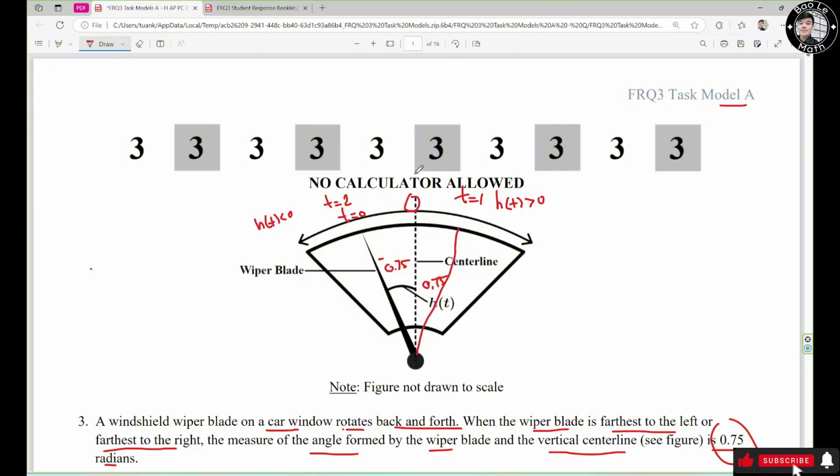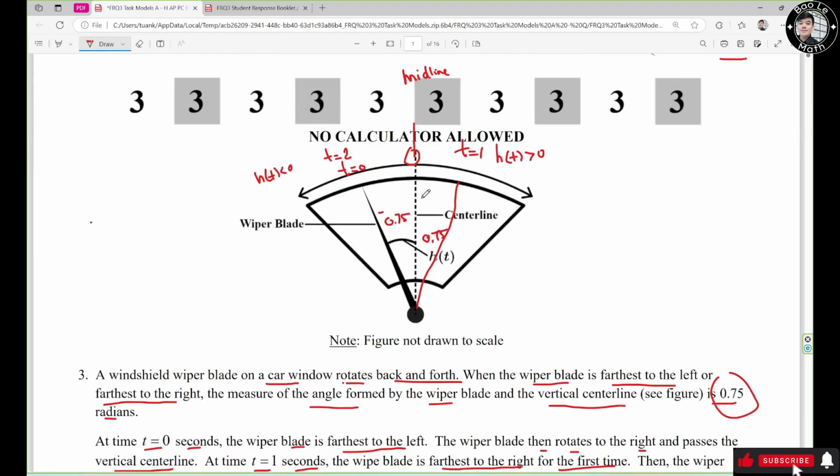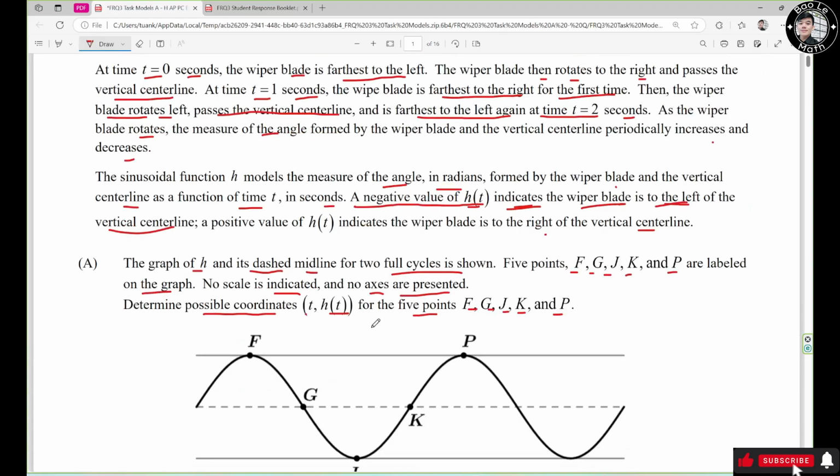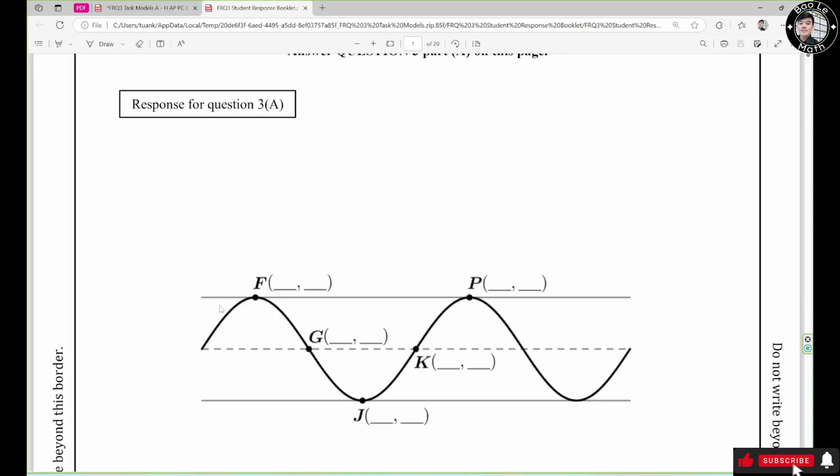This guy right here, the center line, this is the midline. Now, you can translate this onto the graph right here. So I'm going to go over here. The midline right here should be 0. The maximum is 0.75. The minimum is negative 0.75.